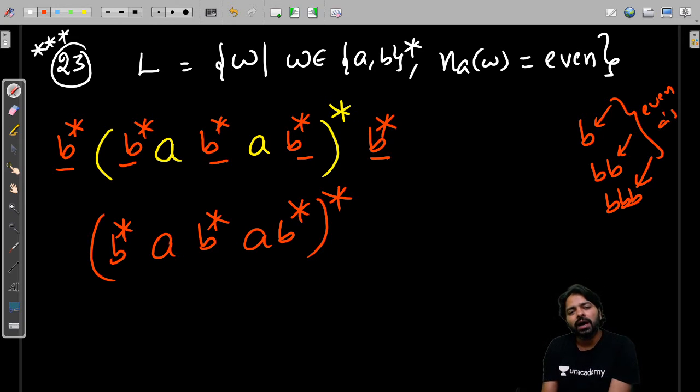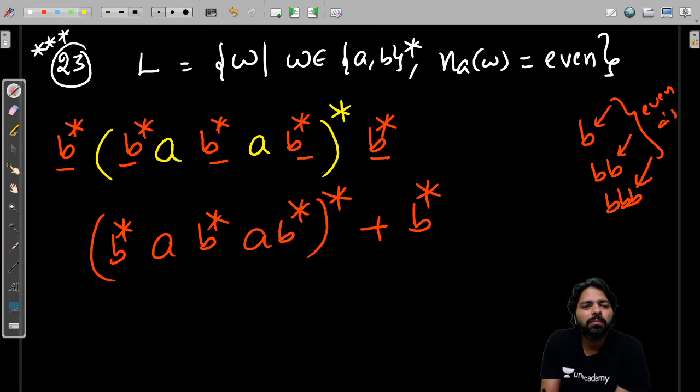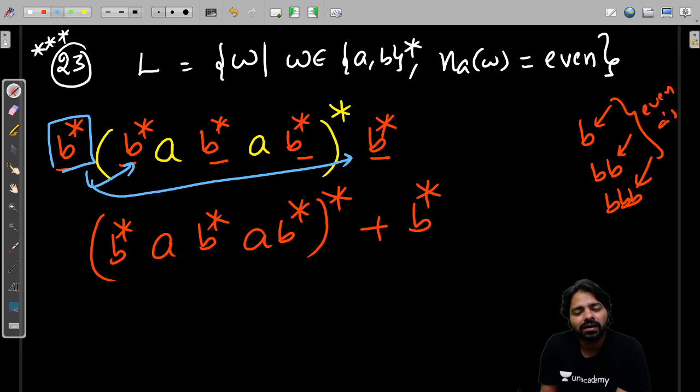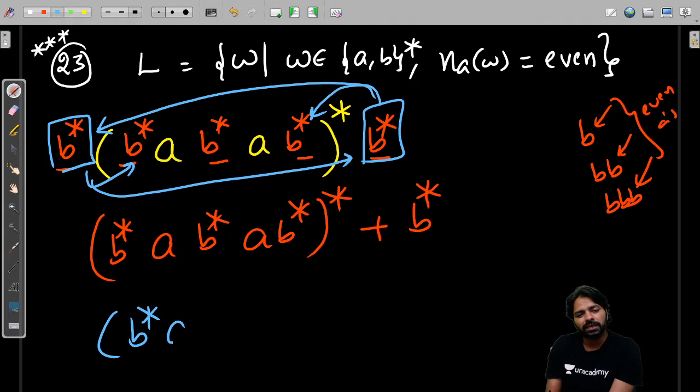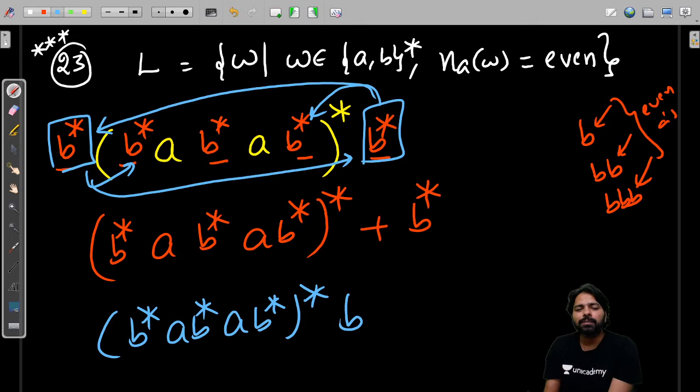So what do you do? Either you put a plus B star or you can put B star, because both B stars are not required. This B star is already covered here, or this B star is already covered here. You keep any one of the B star, that is enough. That means I can do something like B star, A, B star, A, B star, whole star. I can keep this B star, or I can keep the left side B star.